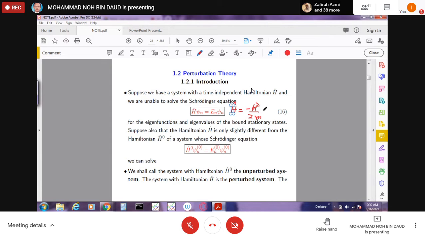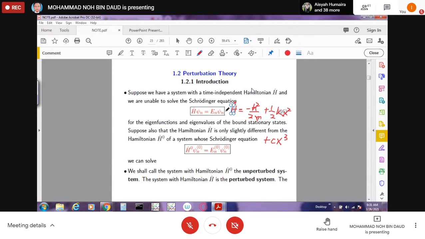We know the potential energy for the harmonic oscillator is kx squared. So here we add this cubic potential.